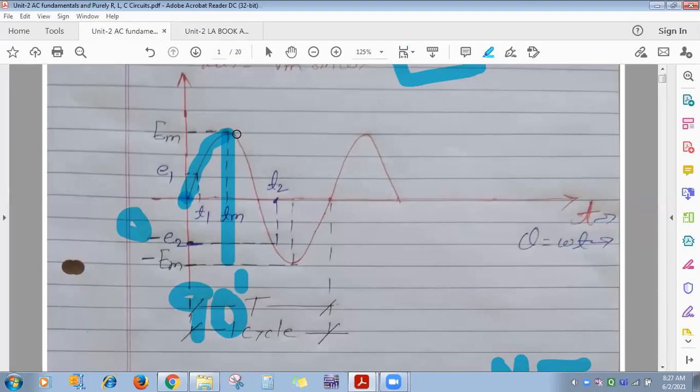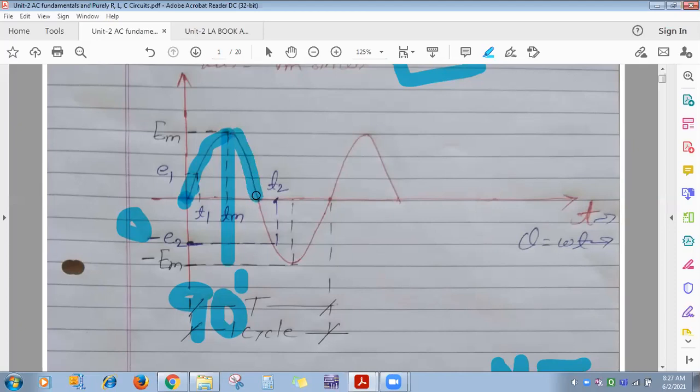Then you go on rotating the coil further. Right now we have rotated it from 0 to 90 degree. Further you rotate it from 90 to 180 degree. What will happen now? The d phi by dt, that is the flux cut by the coil, goes on decreasing: 100, 110, up to 180 degree.